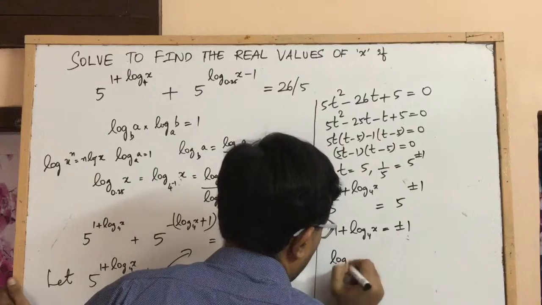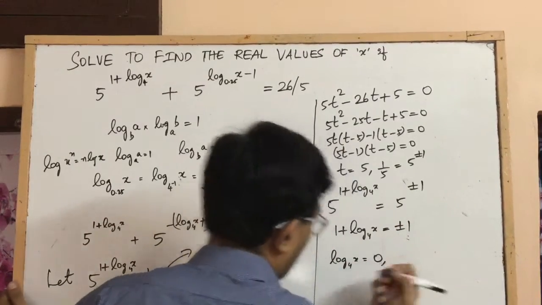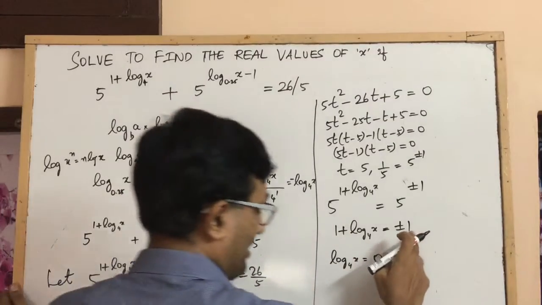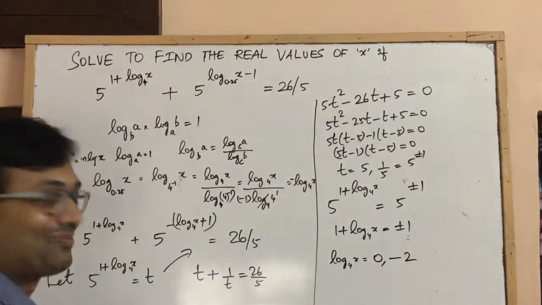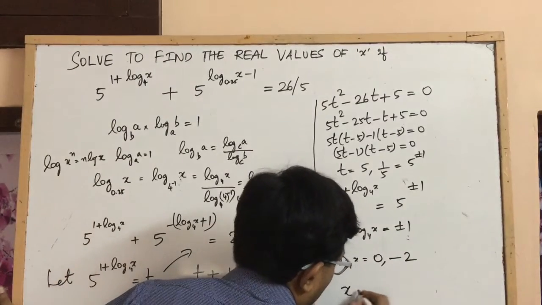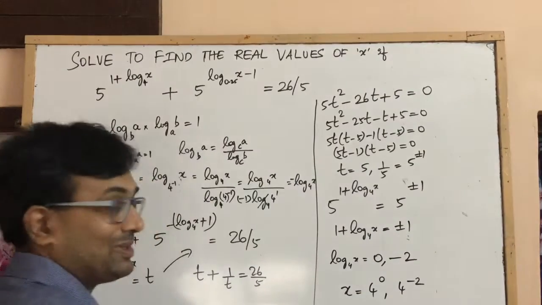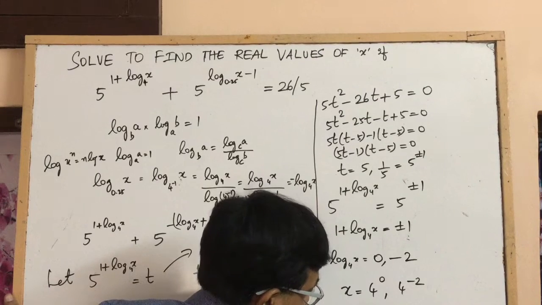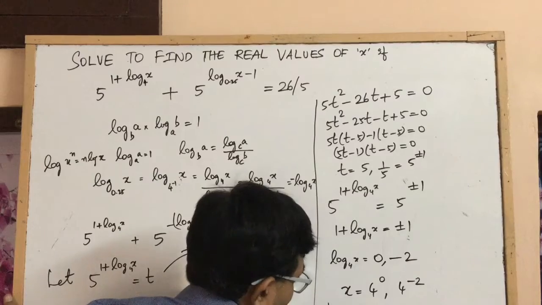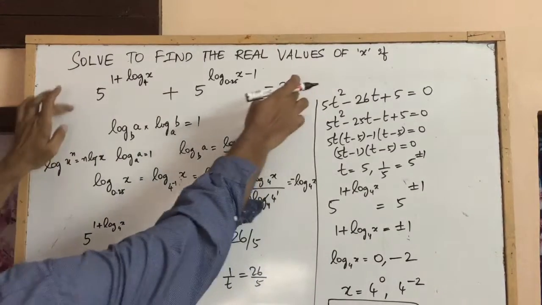Or log x to the base 4 should be, if it's plus 1, then log x to the base 4 would be 0, and if it's minus 1 here, then log x to the base 4 would be minus 2. Or in other words, x would be either 4 power 0 or 4 power minus 2, or x is equal to 4 power 0 is 1, 4 power minus 2 is 1 divided by 4 squared, which is 1 by 16. So these are the two roots, possible values of x, which satisfy this equation.